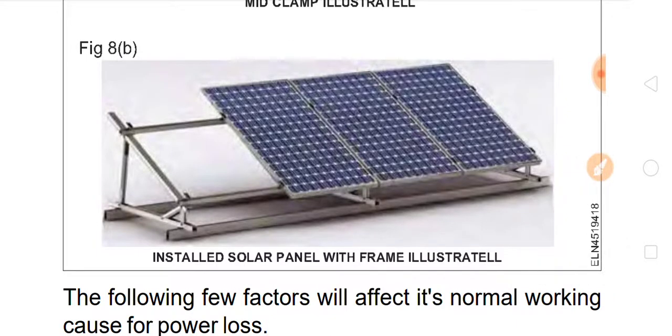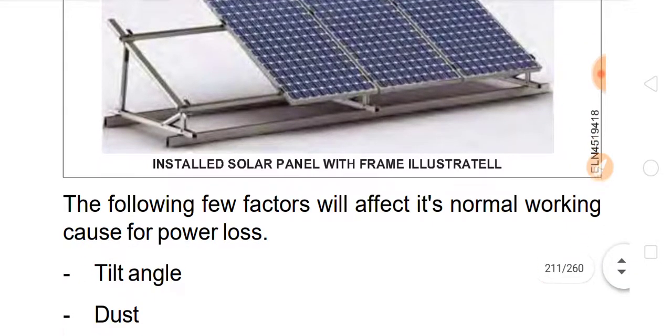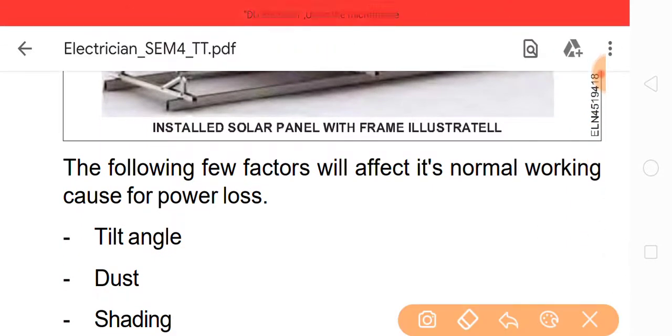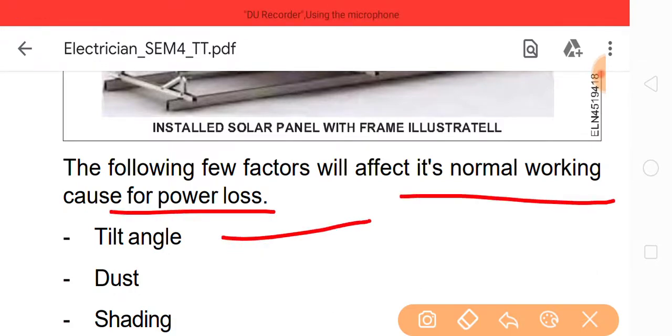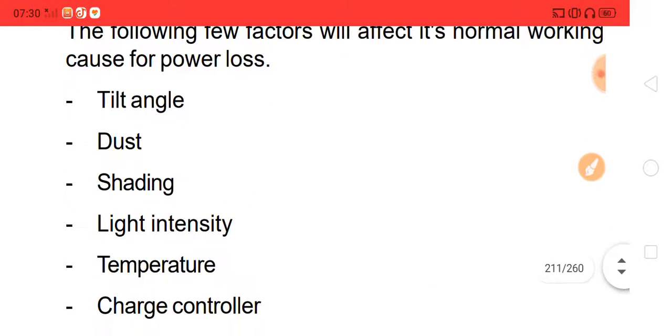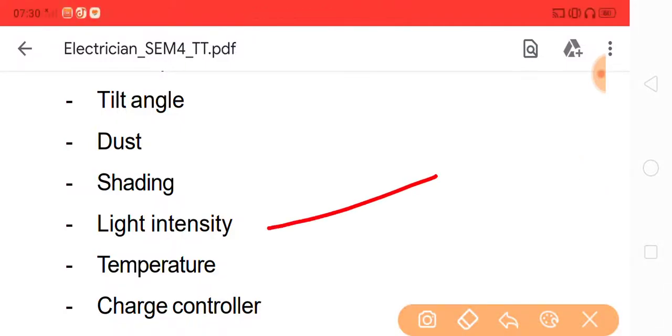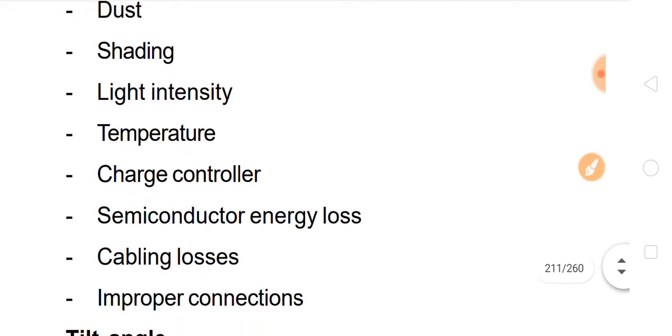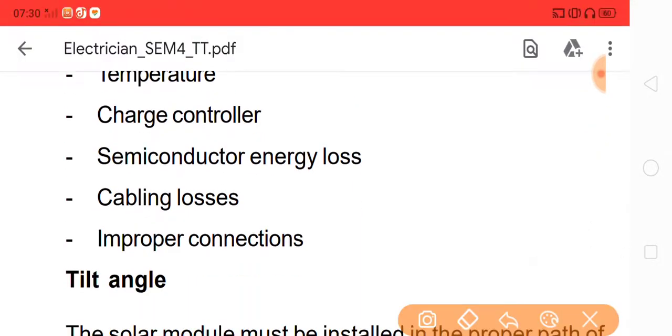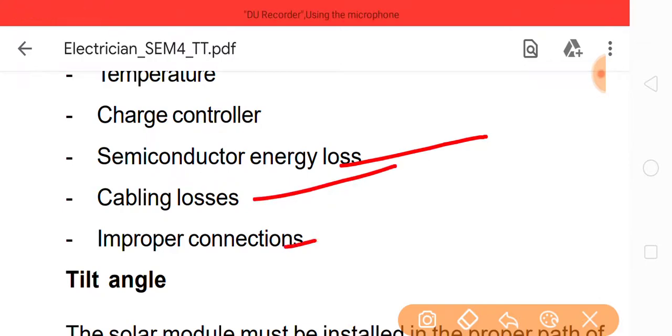The following few factors will affect its normal working and cause power loss: tilt angle, dust, shading, light intensity, temperature, charge controller, semiconductor energy loss, cabling losses, improper connection.